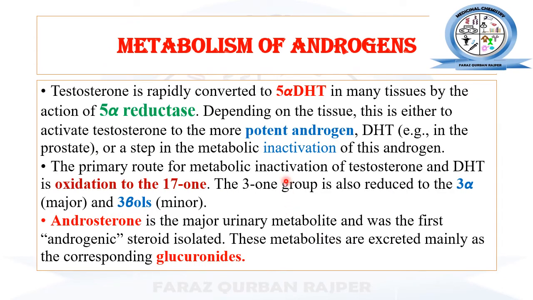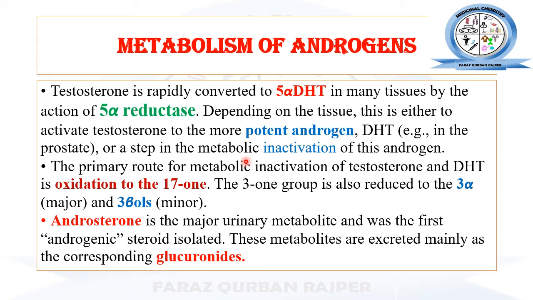Metabolism of androgens. Metabolism of androgen or testosterone occurs like other steroid hormones. The enzyme involved in the metabolism of testosterone or androgen is 5-alpha reductase. 5-alpha reductase will convert this into the product 5-alpha DHT.